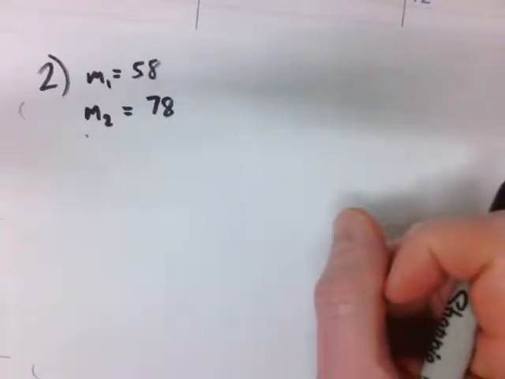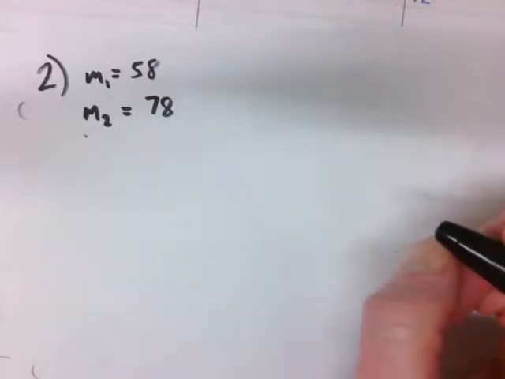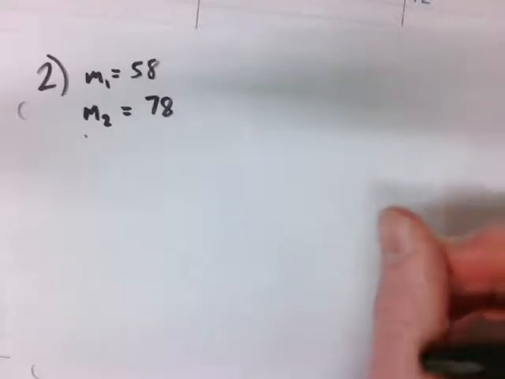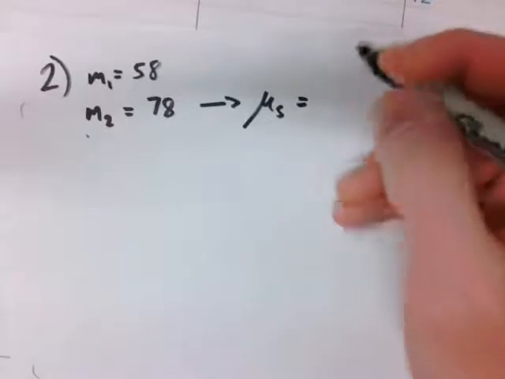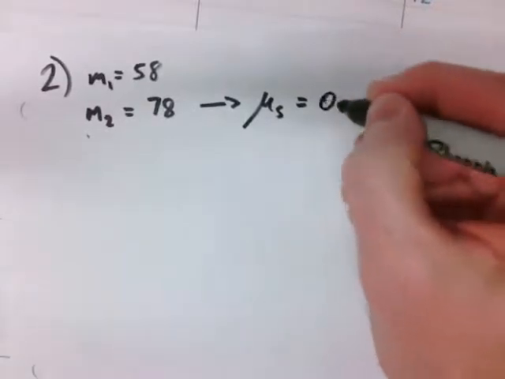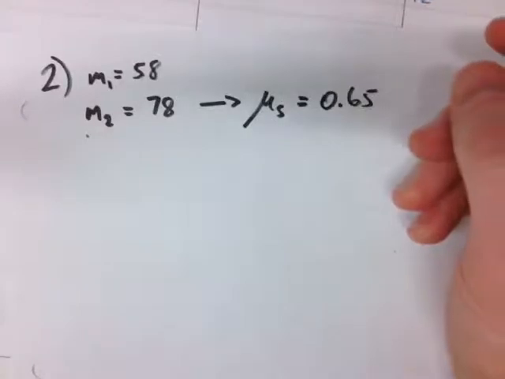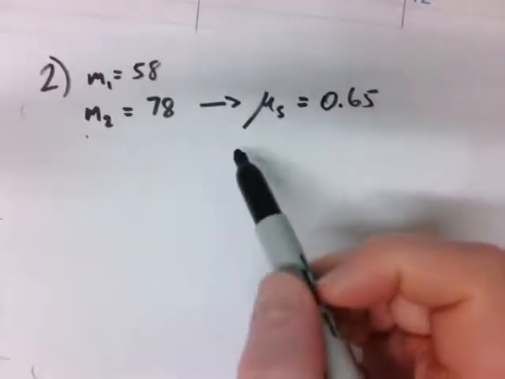The person standing on the ground pulls on the rope to accelerate the skater forward with no friction. The coefficient of static friction between the ground and the off-ice person is 0.65, so mu s equals 0.65. Calculate the maximum possible acceleration of the skater.